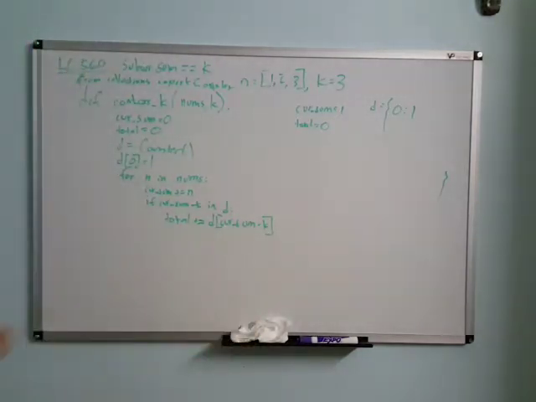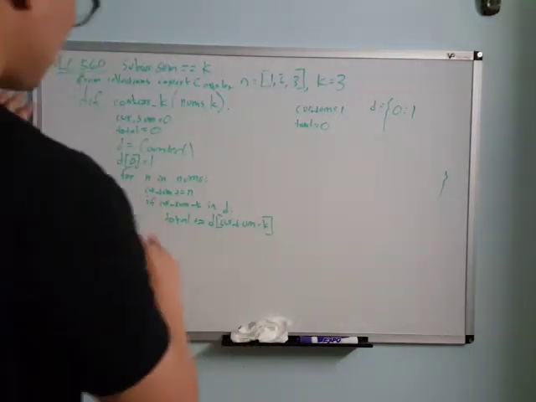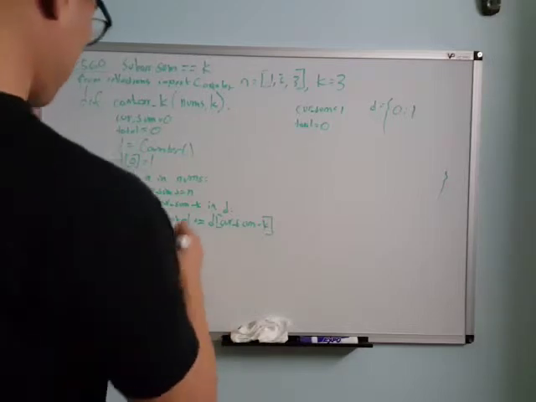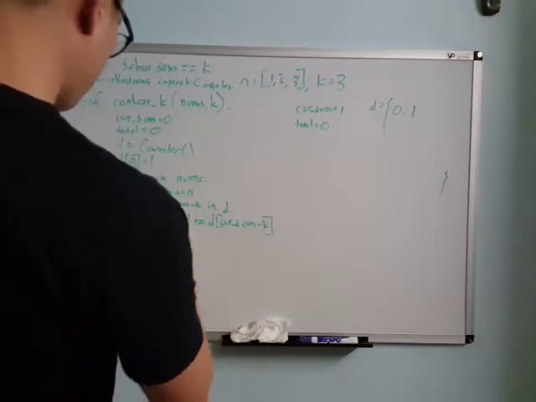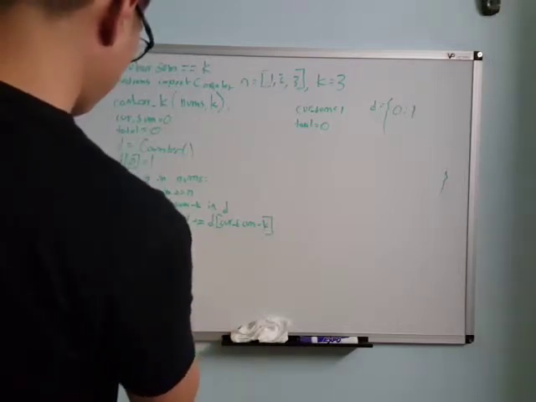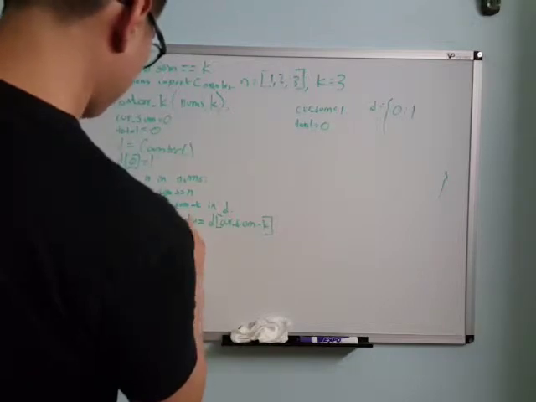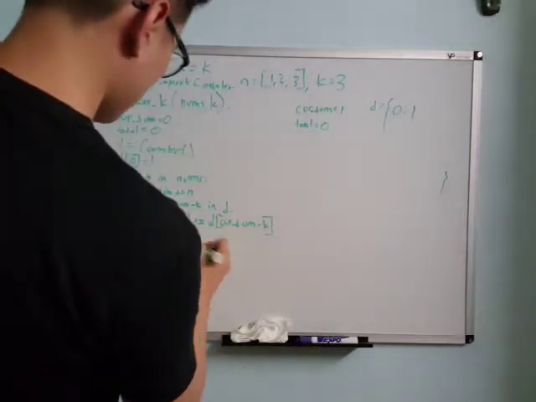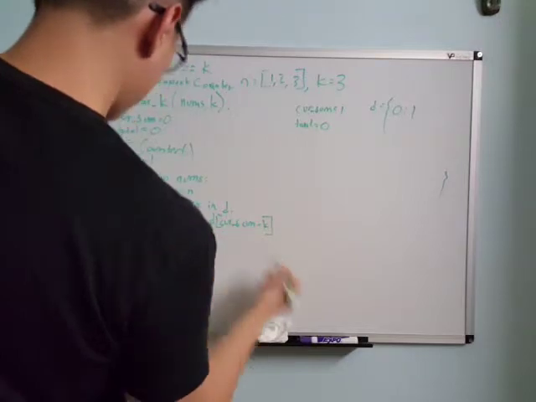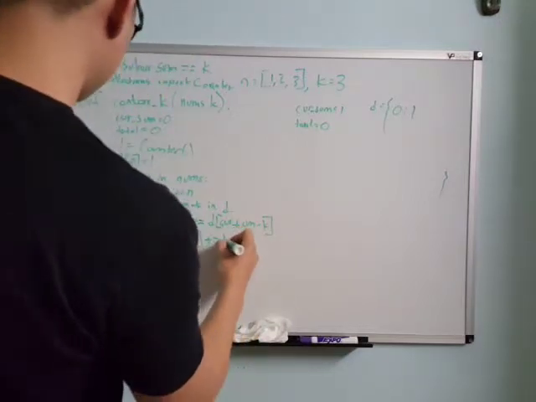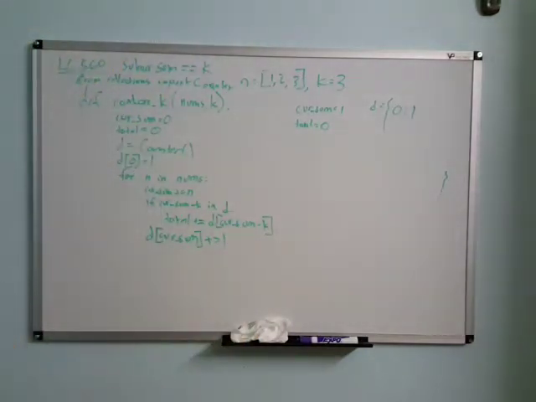Right, and otherwise what we want to do is let's set D, since we've seen cursum, we need to update it. D of cursum plus equals 1. I'm going to add 1 to it.